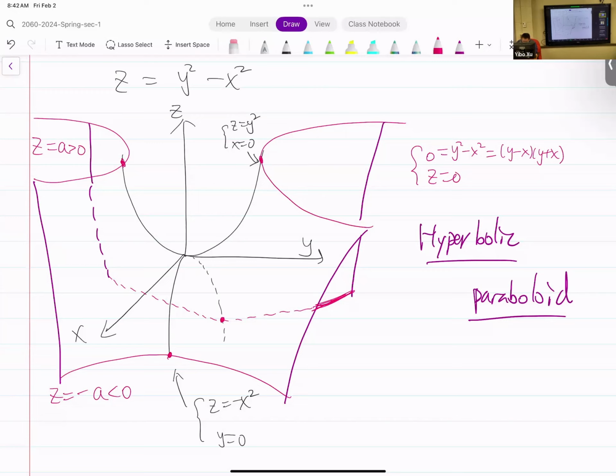Let me just sketch it in red again. This is a line, Y equals X, if you imagine that. I'm going to extend it to the back. Then for Y equals negative X, that's exactly perpendicular. That's in the front, so solid, and the back is dashed.